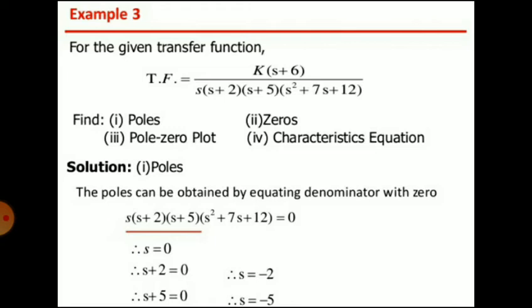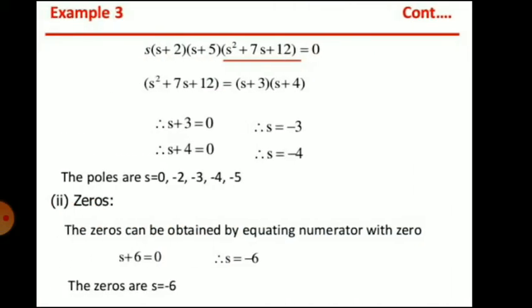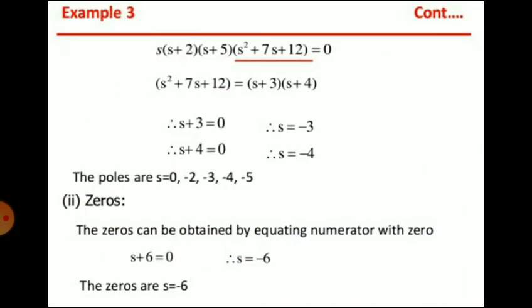The remaining term, s square plus 7s plus 12, equals 0. The factors of s square plus 7s plus 12 are s plus 3 into s plus 4. Now you can easily find the roots: s plus 3 equals 0 or s plus 4 equals 0, so s equals minus 3 and minus 4.